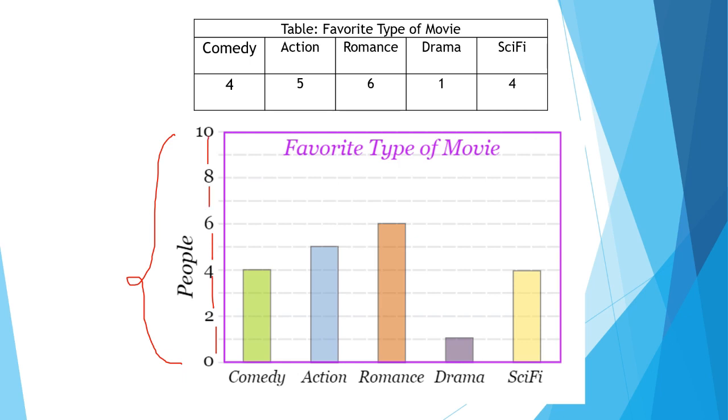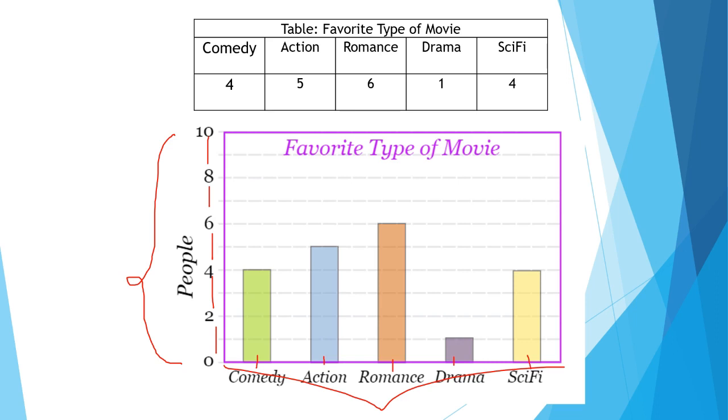So in this case, they have 2 as the interval. So 0, 2, 4, 6, 8, 10. And in this part of the graph, we will write the type of movies. So we have comedy, action, romance, drama, and sci-fi.